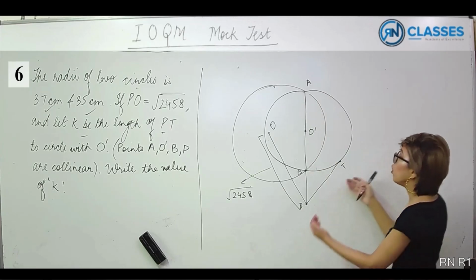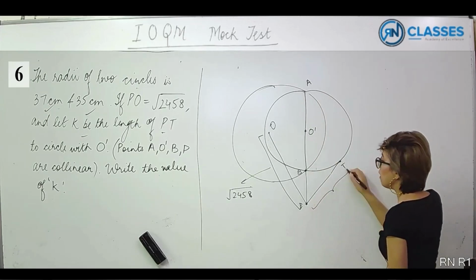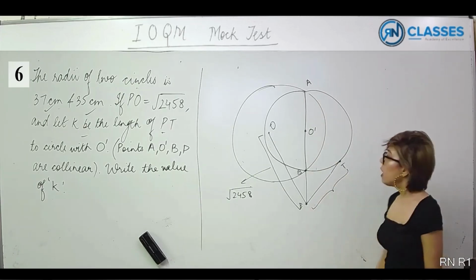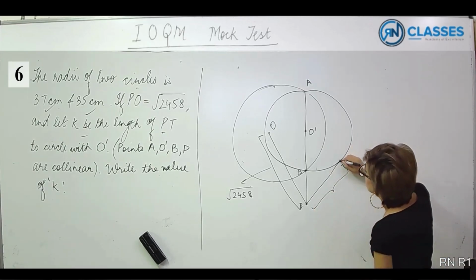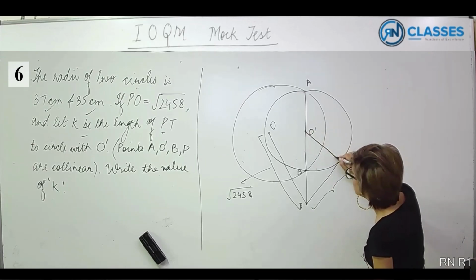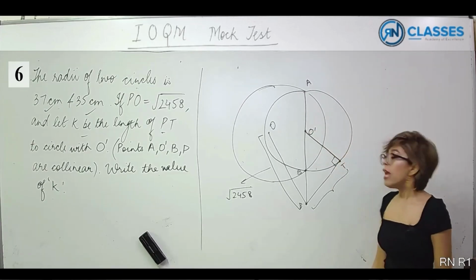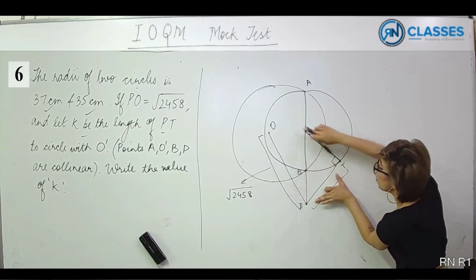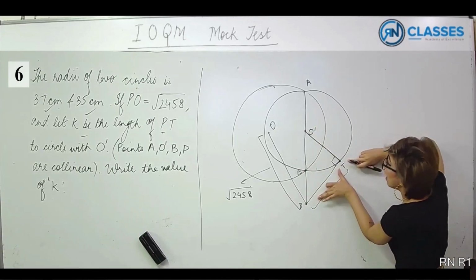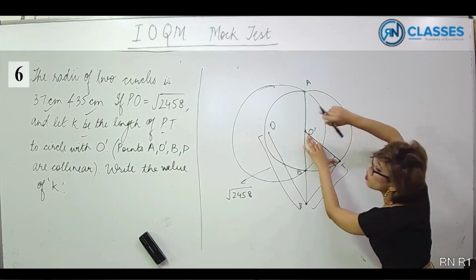Now he says write the value of K. So indirectly I need to find the value of tangent PT. Now, since tangent is getting involved, obviously I will join the point of contact with the center. And this angle has to be 90 degrees. If I'm interested in this length, that means I'll be working in this triangle as in P, O dash, T. In this triangle, I know this length, which is the radius, which is 35.